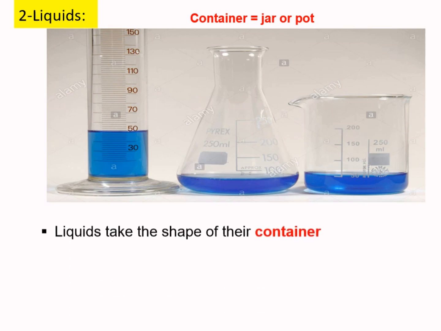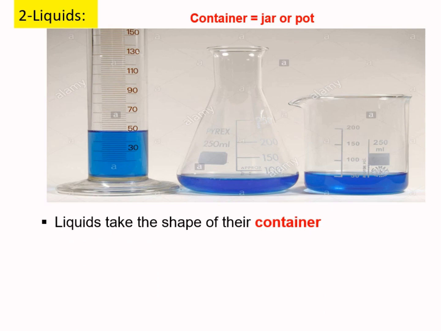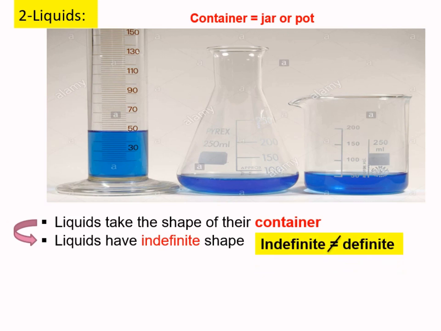So I can say that liquids take the shape of their container. Or I can say liquids have indefinite shape. The word indefinite is the opposite of definite. Indefinite means changes. So I can say that liquids have indefinite shape, or I can say the shape of liquids changes.